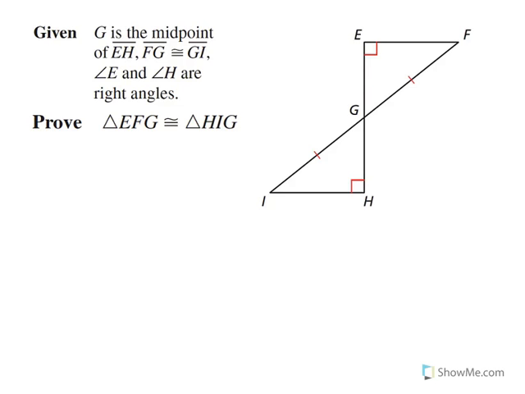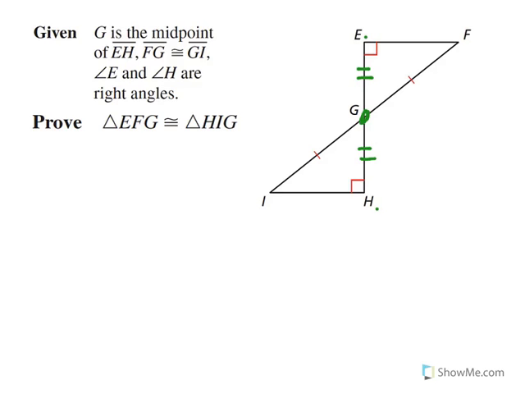So FG and GI being congruent is labeled in our pictures, and angles E and H being right angles is labeled. But we know that G is the midpoint of EH. So the definition of midpoint tells us that it splits it into two congruent parts. So that means that EG would be congruent to HG.